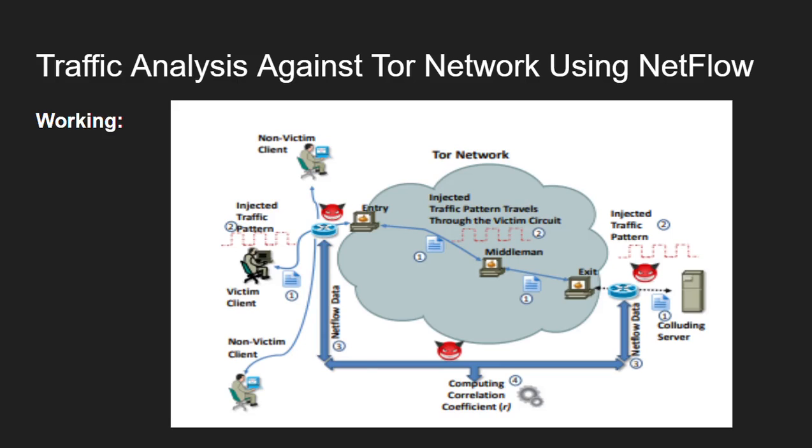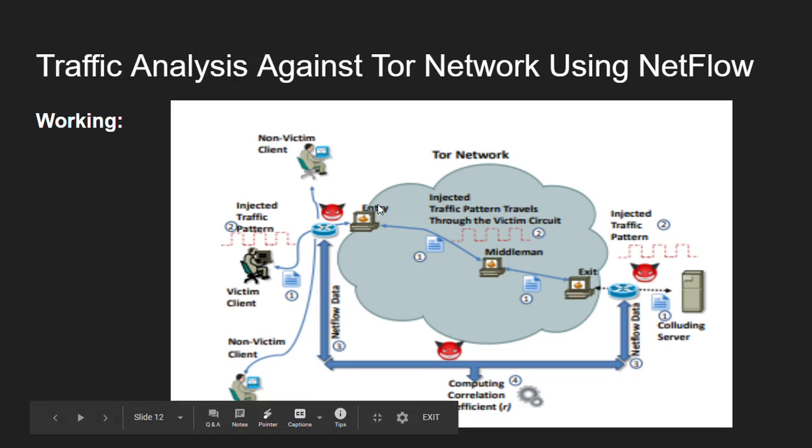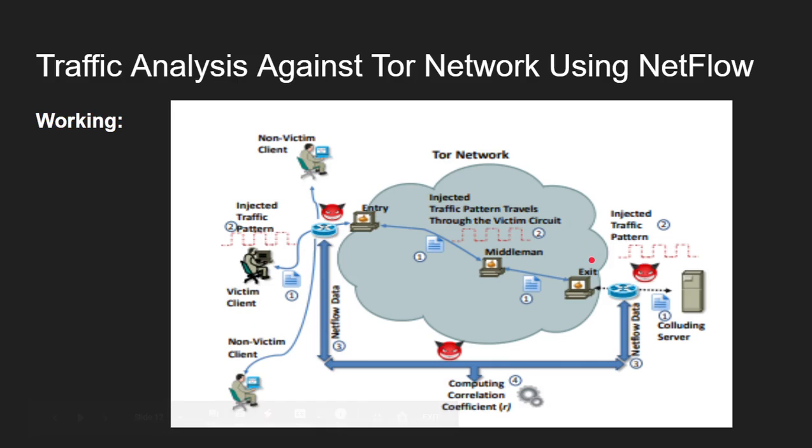As you can clearly see in the diagram, this is the entry node and there are three victim nodes connected to the entry node. This is the middle relay and this one is the exit relay, and this is the server which has collaborated with the attacker.